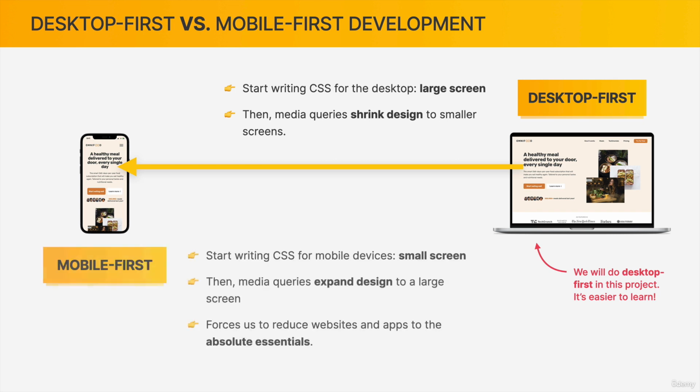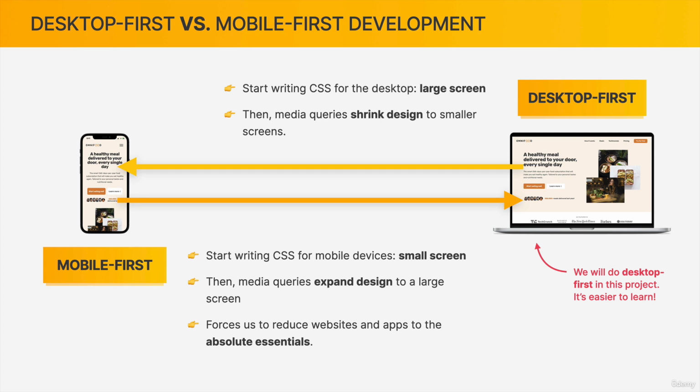Now, on the other hand, in mobile first, we start writing CSS code for smaller screens in order to basically optimize our layout and our website for mobile small screens. Then, from there, we can move up to larger screens, of course, and again using media queries. So basically, it is the complete opposite of desktop first, right?